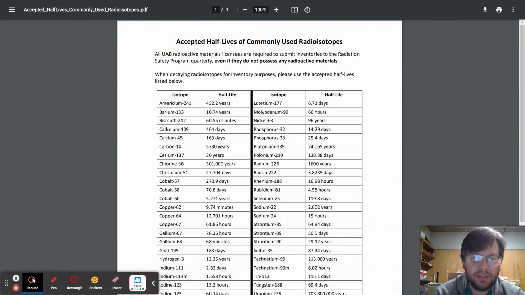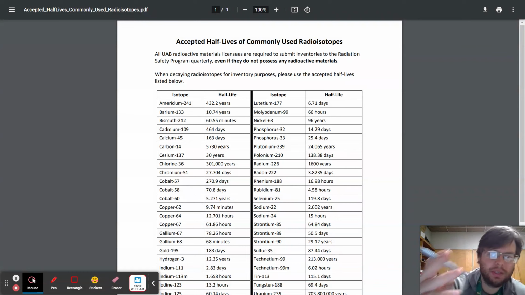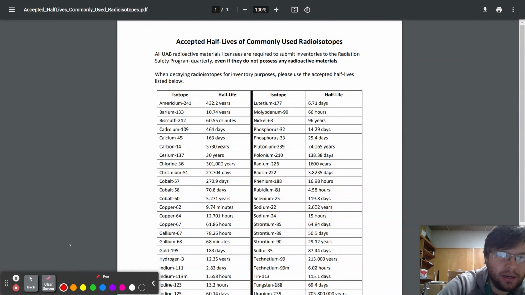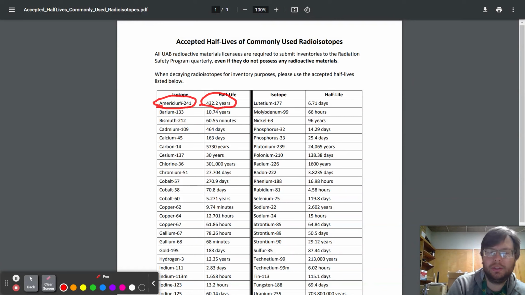Okay, so let's just look at an example here. This one, Americium 241 has a half-life of 432.2 years.